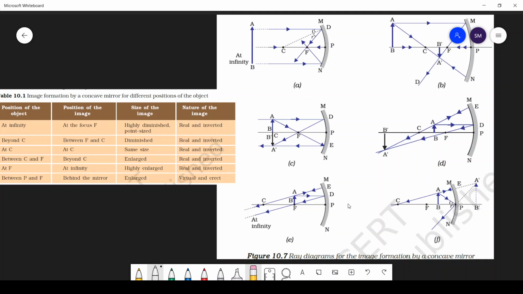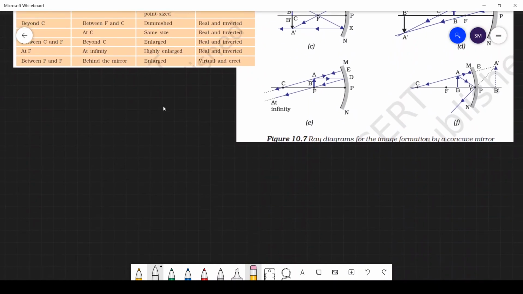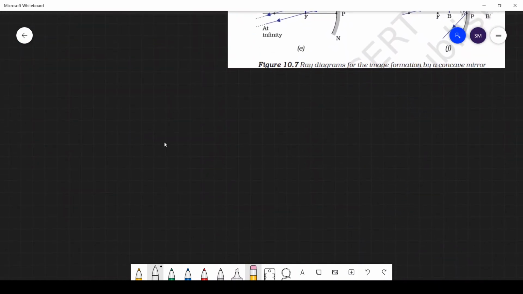And now, this was for the concave mirror, and similarly we can have the image formation by the convex mirror also.